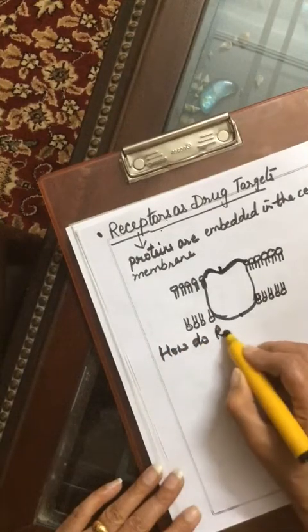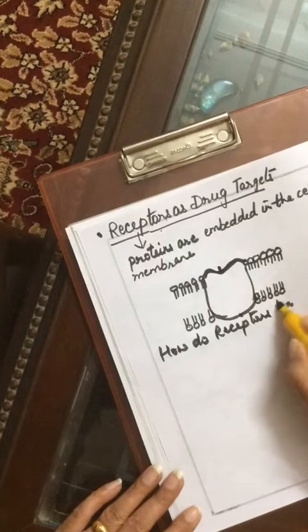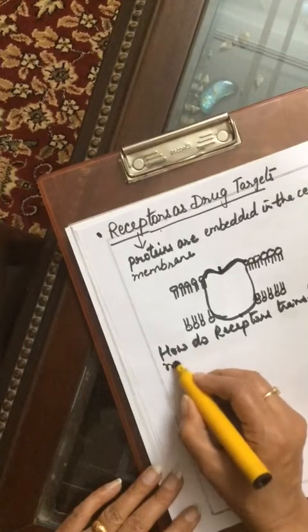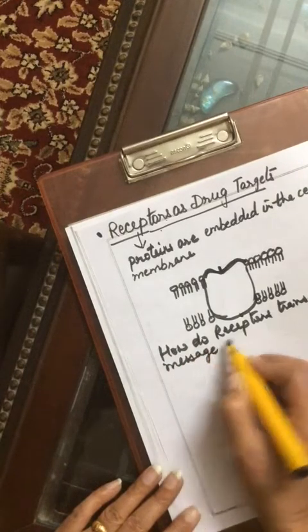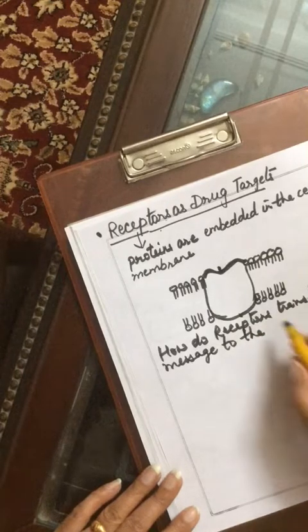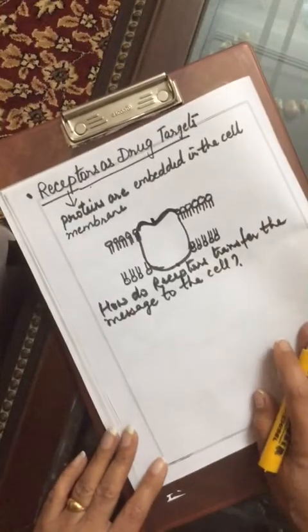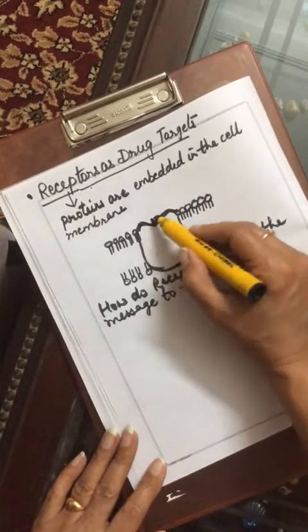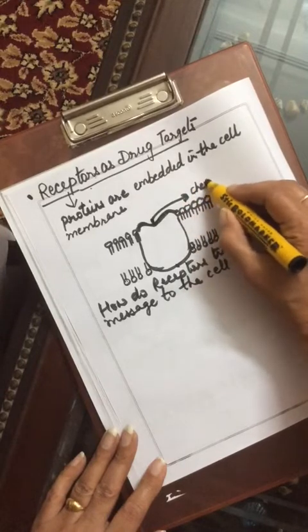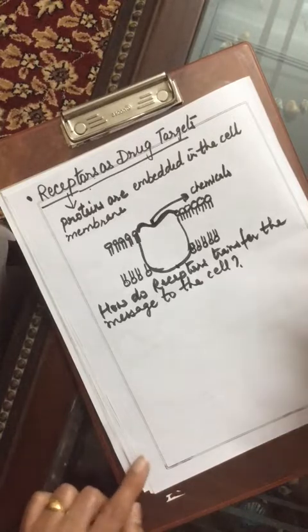Now, how do receptors transfer the message to the cell? At these active sites, there will be some chemicals which will act as messengers.